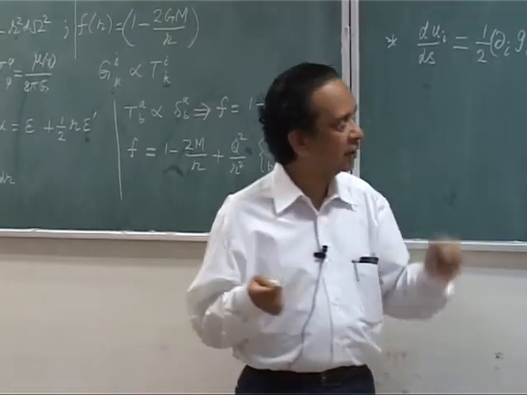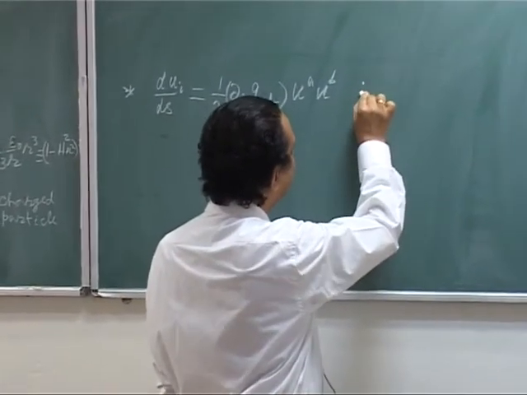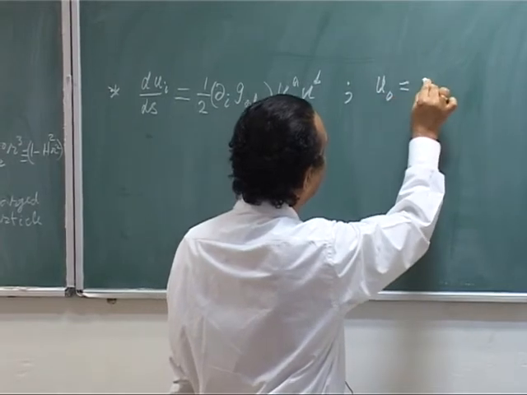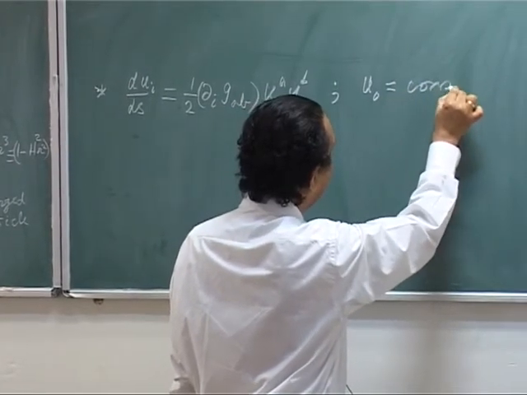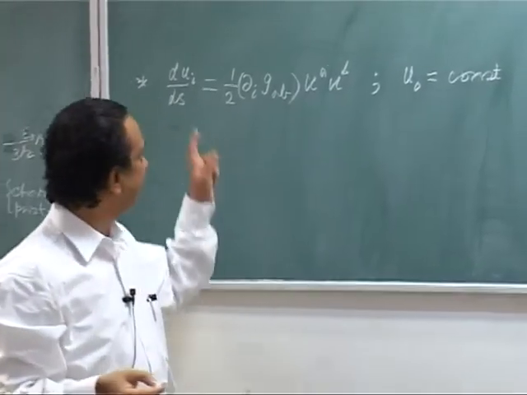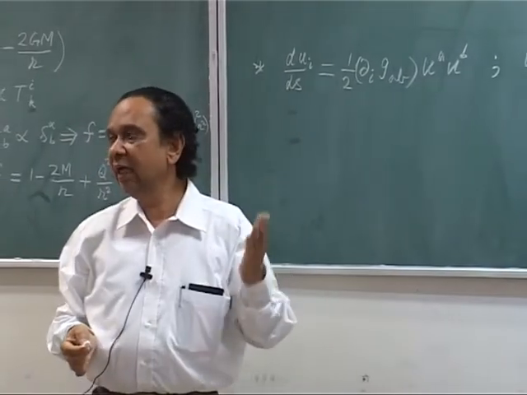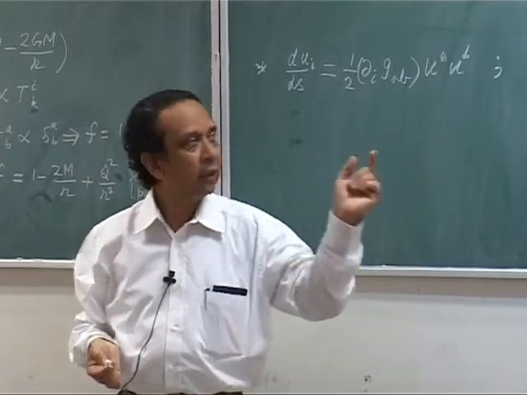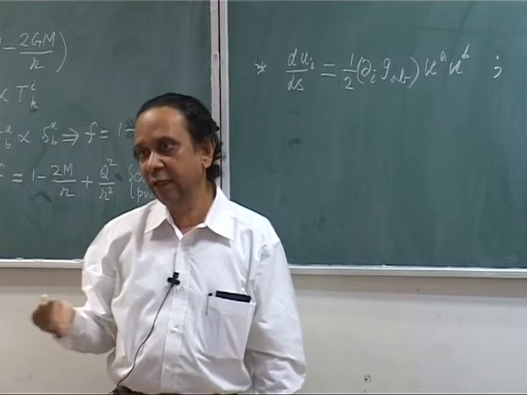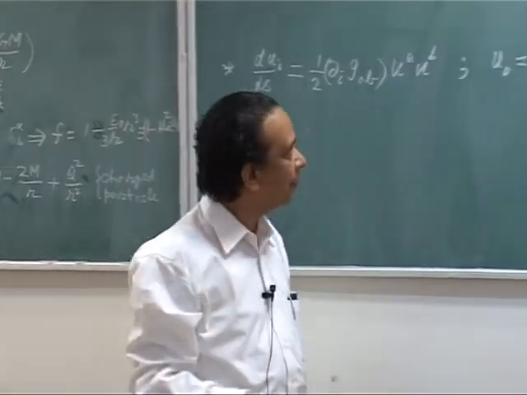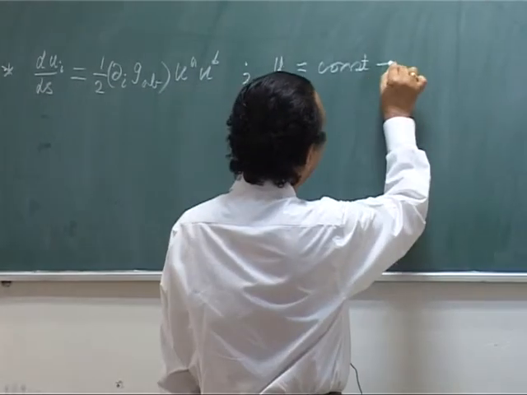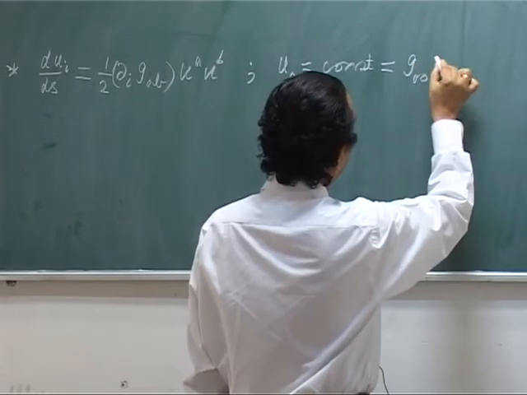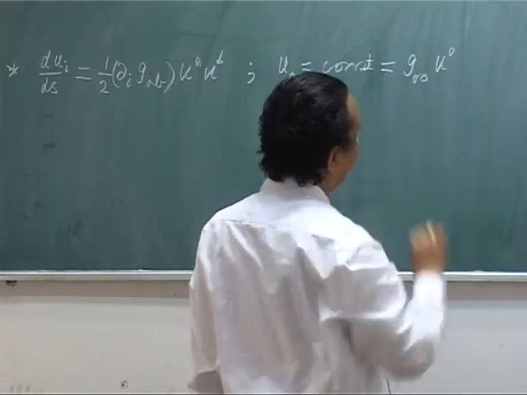For the moment we will concentrate on the second result, that we have a conserved quantity, that u0 will be a constant for any geodesic. I mean I wrote ds here, but I could have used a d lambda some affine parameter and I called it a null geodesic equation, it does not matter. So this is going to be a constant for either photons or for material particles. So this constant I can write as G00 U0, okay.